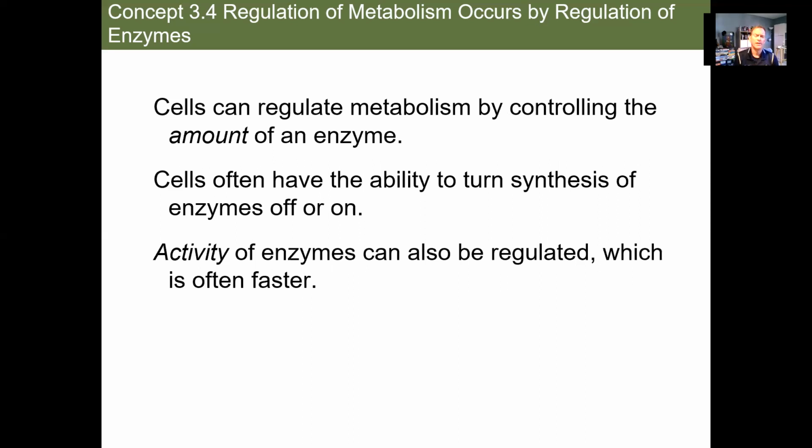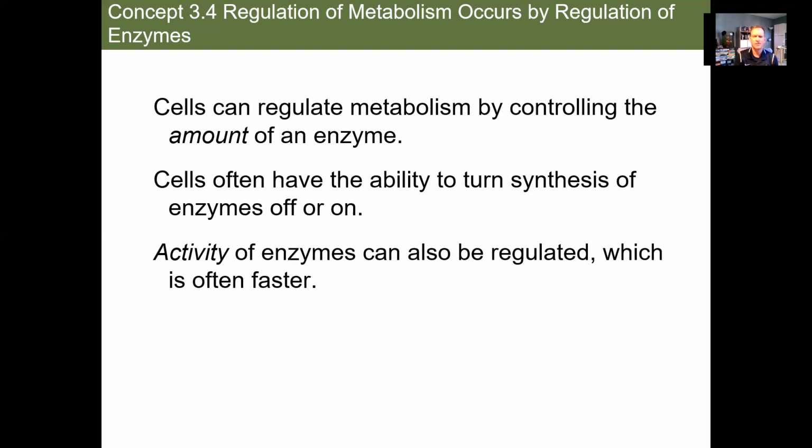Okay, so we can turn on the synthesis or turn it off by maybe some of the stuff that it's making, shut down the production of enzyme or inhibit it. Okay, that goes back to DNA synthesis, RNA, and the protein. That's our next move, right? But another way that works much faster is by adjusting the activity of the enzyme. That's really what I want to focus on.